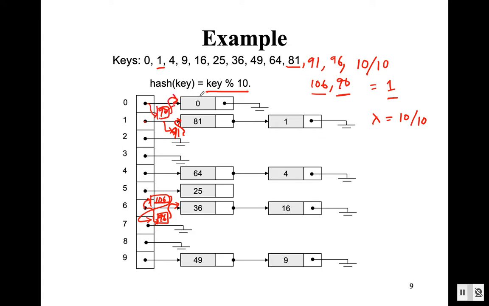Last class we discussed that when we insert a new value, we insert it at the front of the list so that the cost of insertion becomes 1. In that case the load factor here is 14 divided by 10, which will be 1.4.